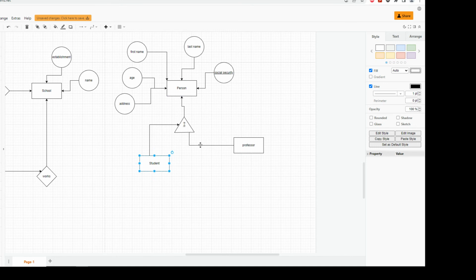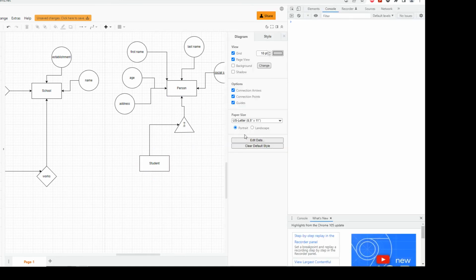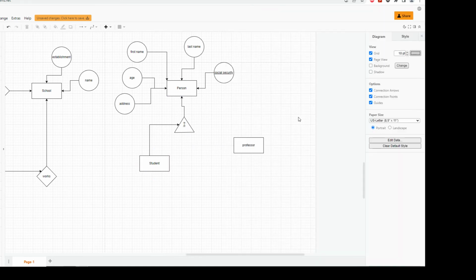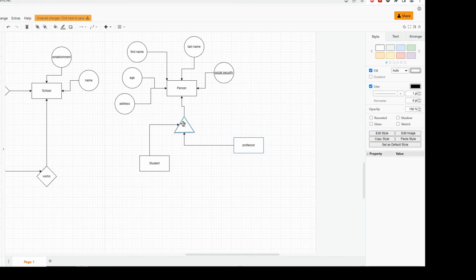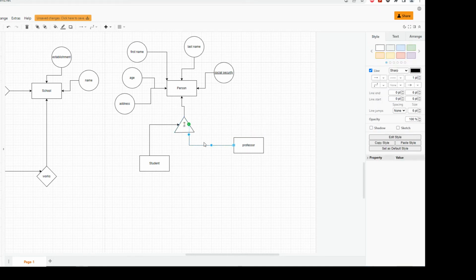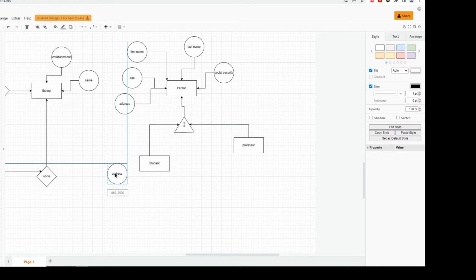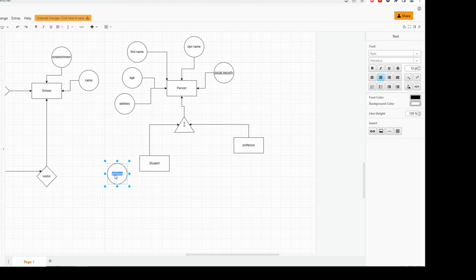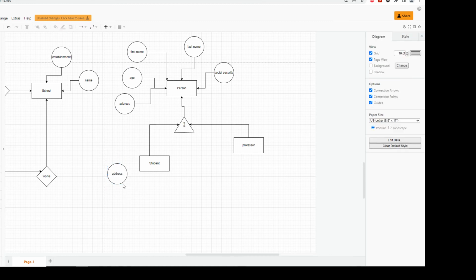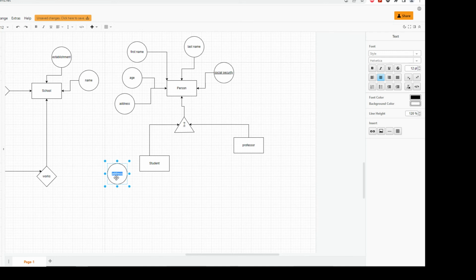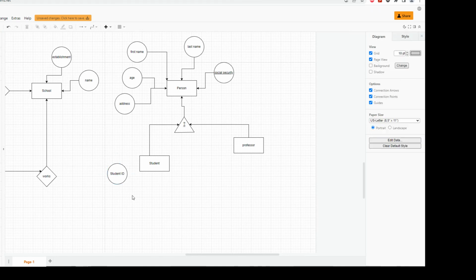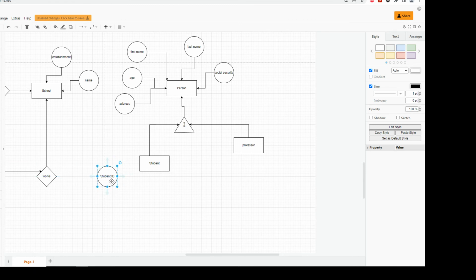So student and professor will automatically inherit all the attributes belonging to the person. That's what it means. Now, student can also have something uniquely belonging to him or her. What uniquely belongs to the student may be student ID.